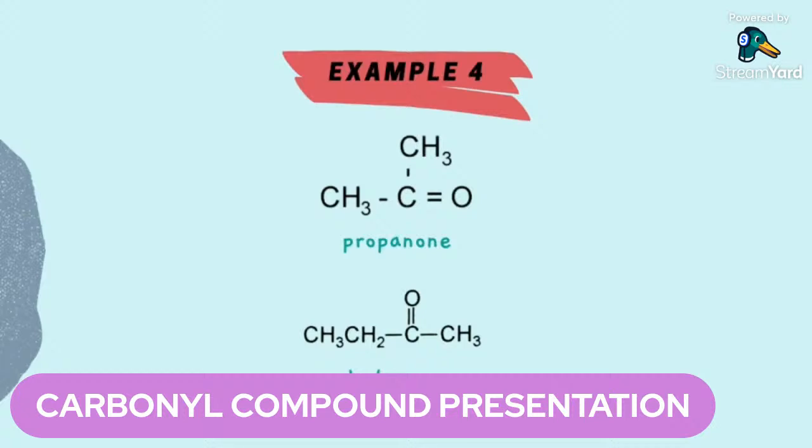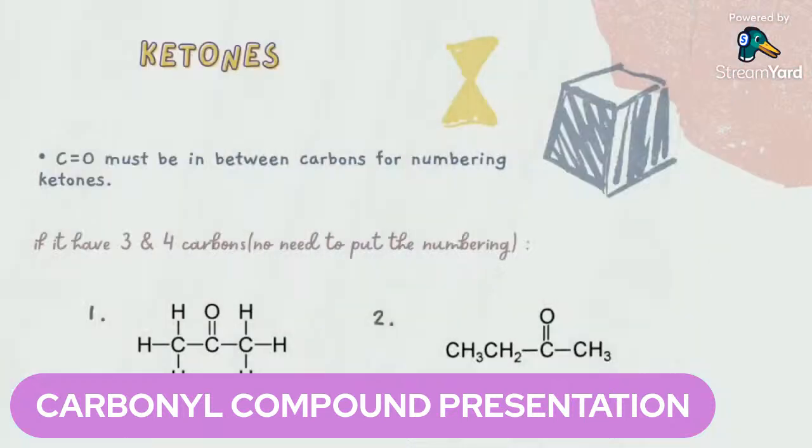So for the numbering, to make you easier, you have to remember for 3 carbon and 4 carbon ketone does not need to put numbering, such as 2-pentanon, 2-propanon or 2-butanon, because we can see that C double bond O in propane should be in the center to name it as a ketone, and same goes to butanon.